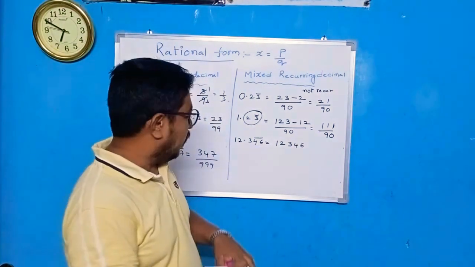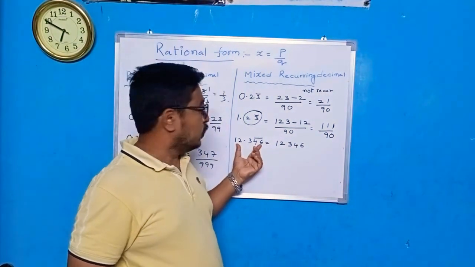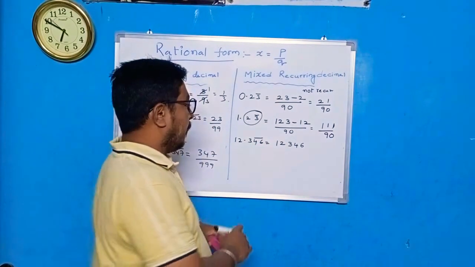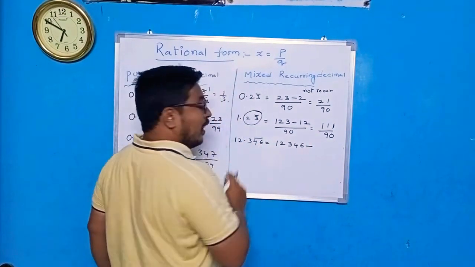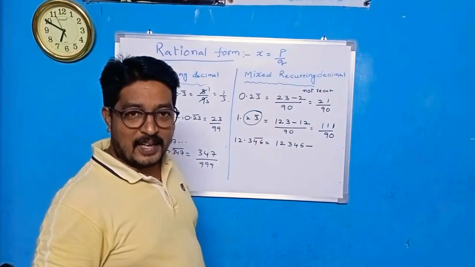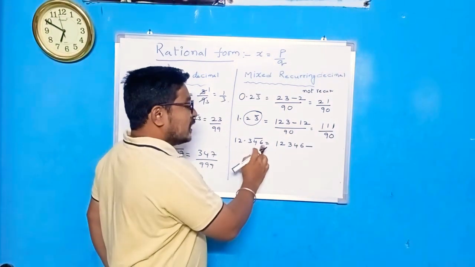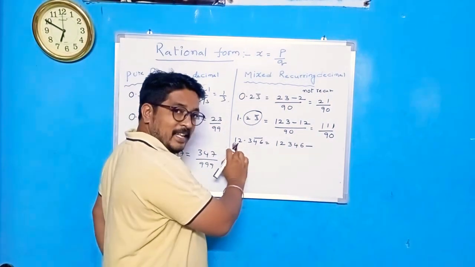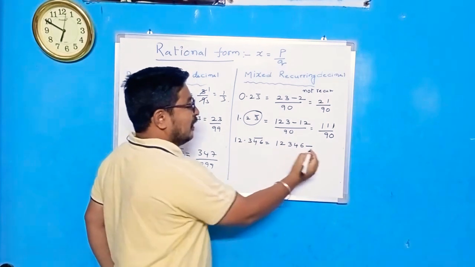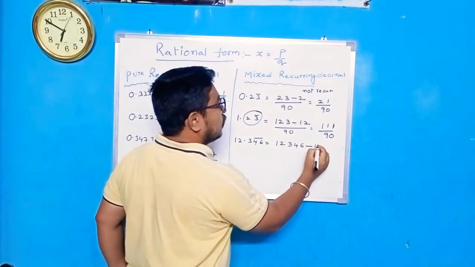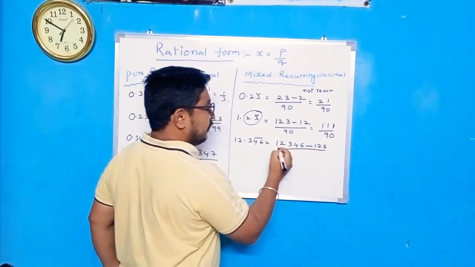Remove the decimal and write the total digits, 12346, minus what is not recurring. 4 6 is recurring, 1 is not recurring, 2 is not recurring, 3 is not recurring, so 123.